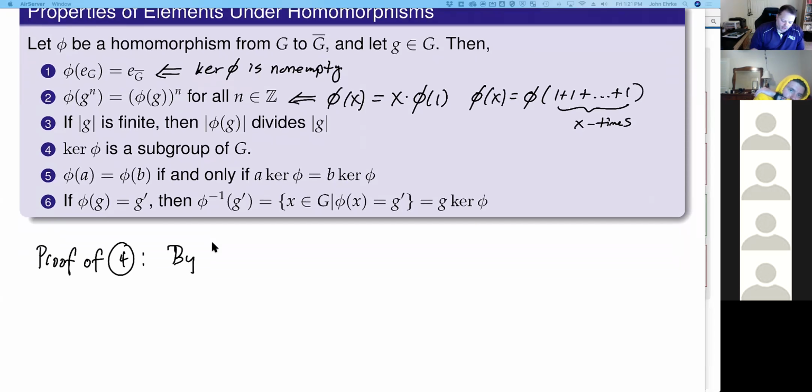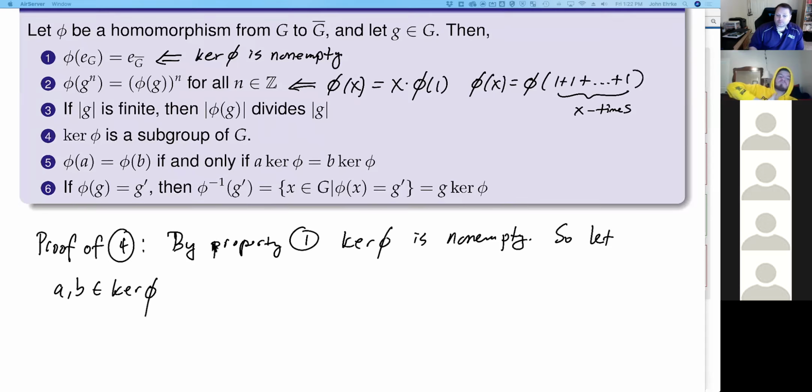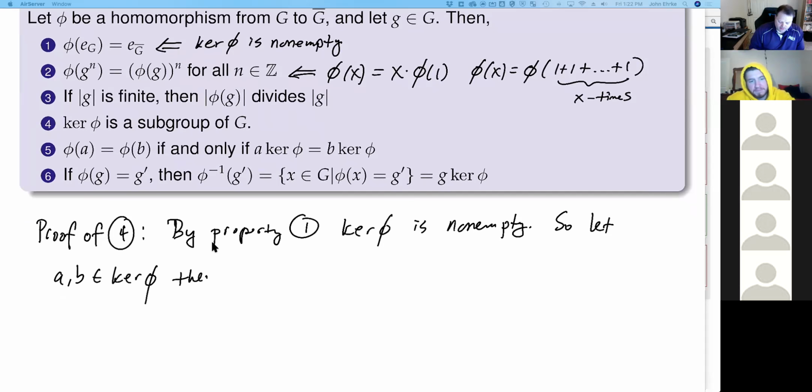By property 1, the kernel of phi is non-empty. So let A and B be elements of the kernel. Then what we know is that phi of A and phi of B both map to the identity if they're in the kernel.